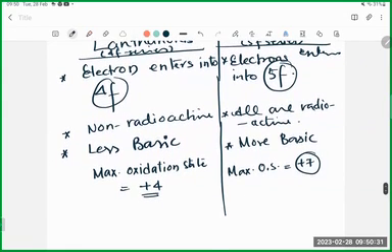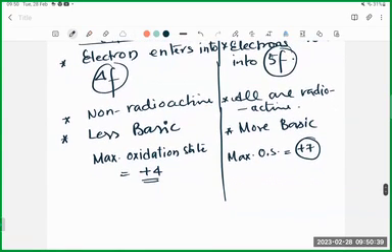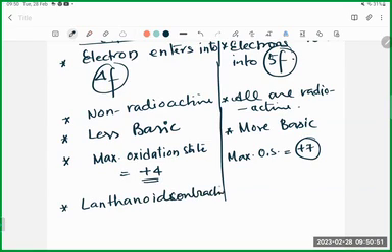And they have a greater shielding effect than the 4f. 4f has a very poor shielding effect. Lanthanide contraction is lesser. Let me write over here first: lanthanide contraction. If we compare, lanthanide contraction is lesser, not much, as compared to actinoid.